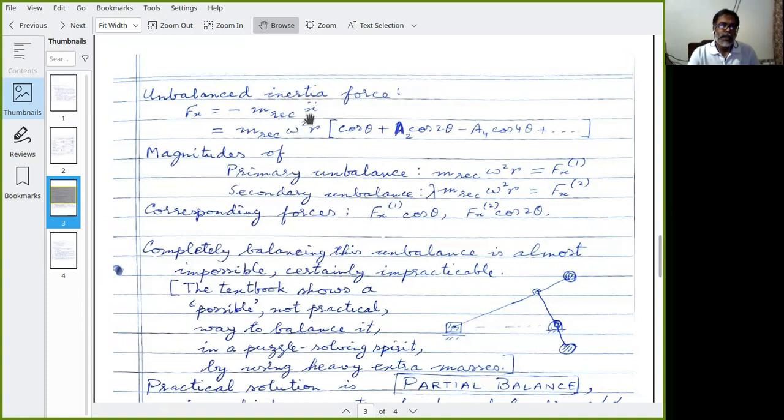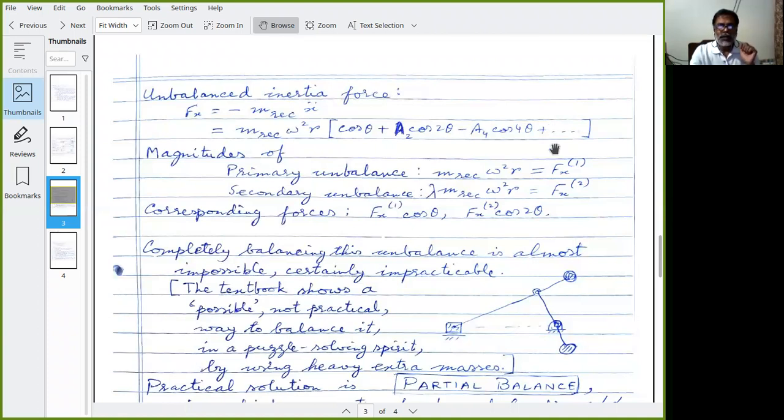If we recall the expression of x double dot from our earlier study of dynamic force analysis, it's minus omega square r into this whole thing. You would recall that this A2 is simply lambda, and then A4 and other things you can find out. Of course, A2 is simply lambda, that is an approximation. Similarly, you have an approximation of A4, A6, etc. So this turns out to be the unbalanced inertia force.